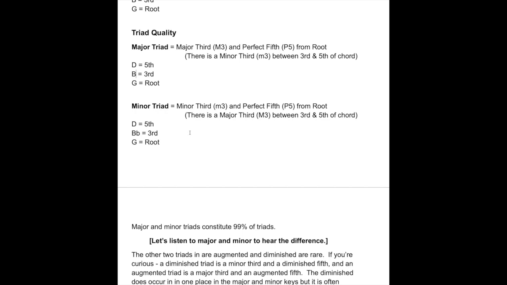So we can hear these two notes, the root and the fifth, stay the same, while the third, which is here, changes. So here's the major. I can just play these three notes. This is root, third, fifth, major, and then root, third, fifth, minor. We can hear that the root and the fifth stay the same.